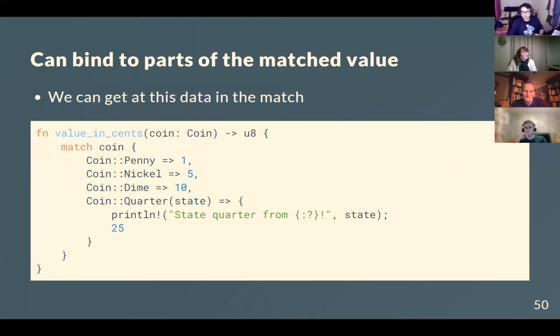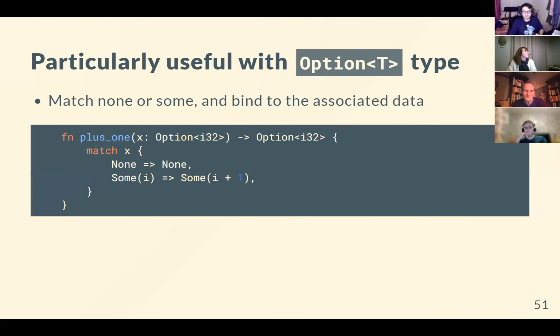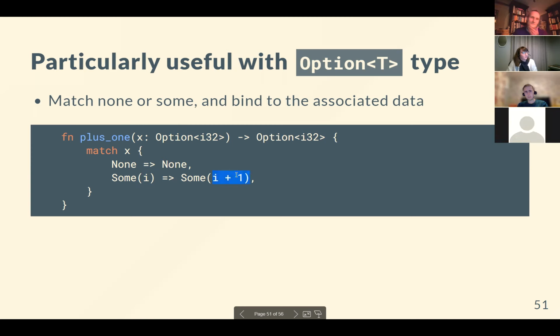You can actually get the data out from the match. And this is particularly useful with the option type, because that's just an enum, switching on it, and then we're saying, okay, this i is going to match something. And once I've got it, I'm going to then increment it and return some value.